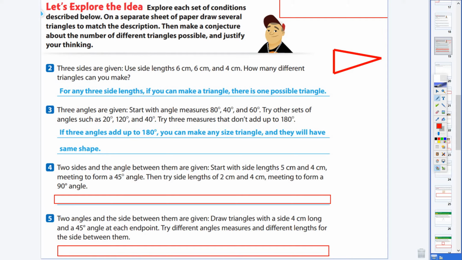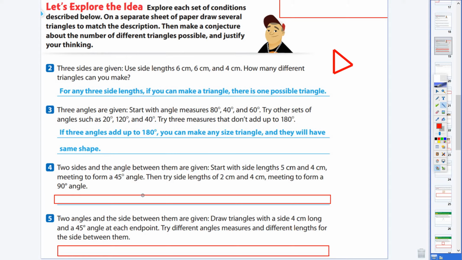I can shorten those line segments. Watch. This line segment can be shortened. There's my 80, there's my 40 and there's my 60. So you can make any size triangle as far as lengths.